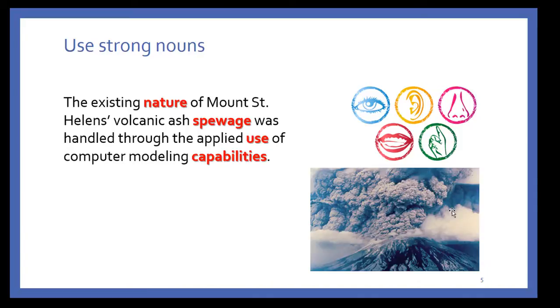Let's look at this sentence. The existing nature of Mount St. Helens volcanic ash spewage was handled through the applied use of computer modeling capabilities. I have highlighted four nouns in this sentence: nature, spewage, use, and capabilities. None of the four elicit any strong sense-type experience, right?